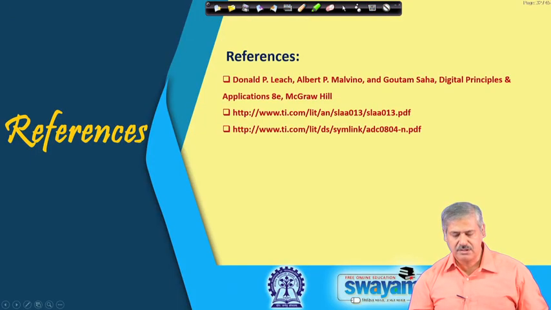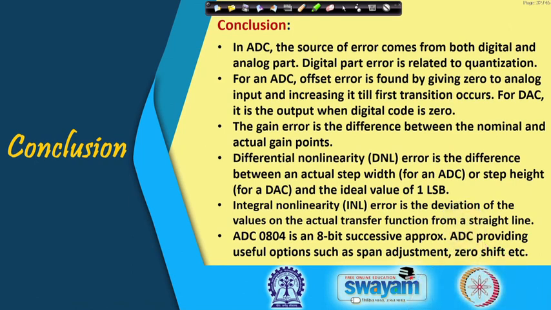Okay. So, with this we conclude. What we have seen is that in ADC the source of error comes from both the digital and analog part. Digital part error is related to quantization, and in ADC offset error is found by giving 0 to analog input and increasing it till the first transition occurs. For DAC, it is the output when digital code is 0. The gain error is the difference between the nominal and actual gain points, and we have seen how it is calculated for both ADC and DAC.